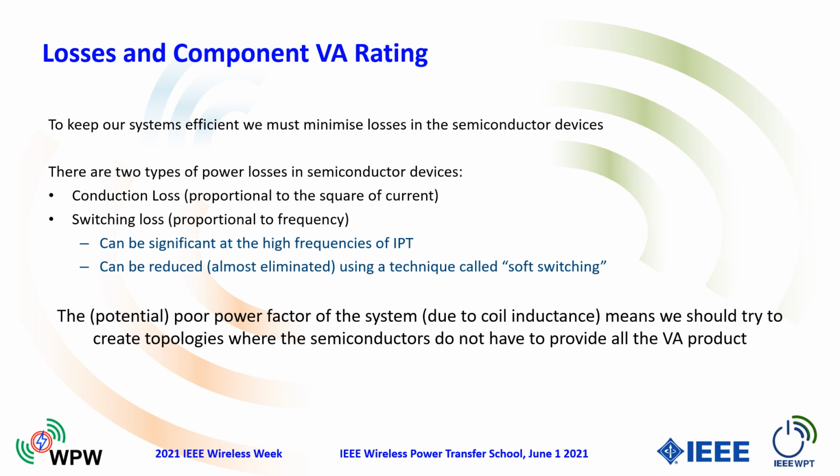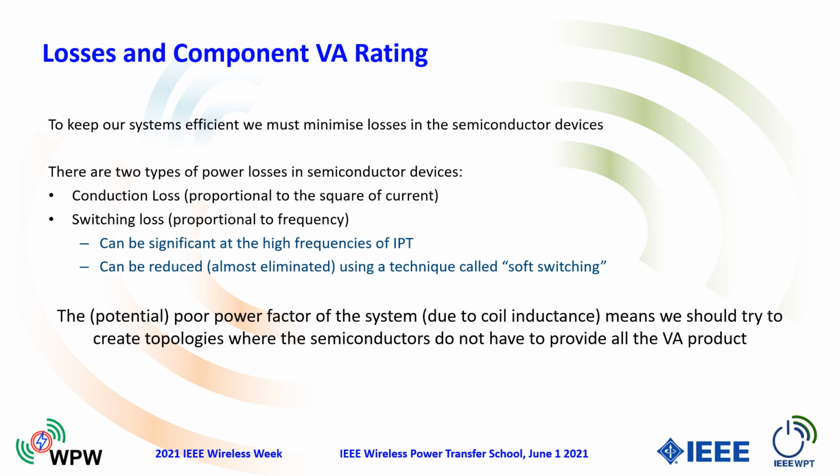The other thing that I note on here, the potential power factor of the system due to coil inductance means we need to try and create topologies where the semiconductors do not have to provide all of the VA product. In other words, if you think back to the equivalent circuit model of the transformer, I mentioned that the air gap voltage is only a small fraction of the applied voltage if the leakage inductance becomes very large.